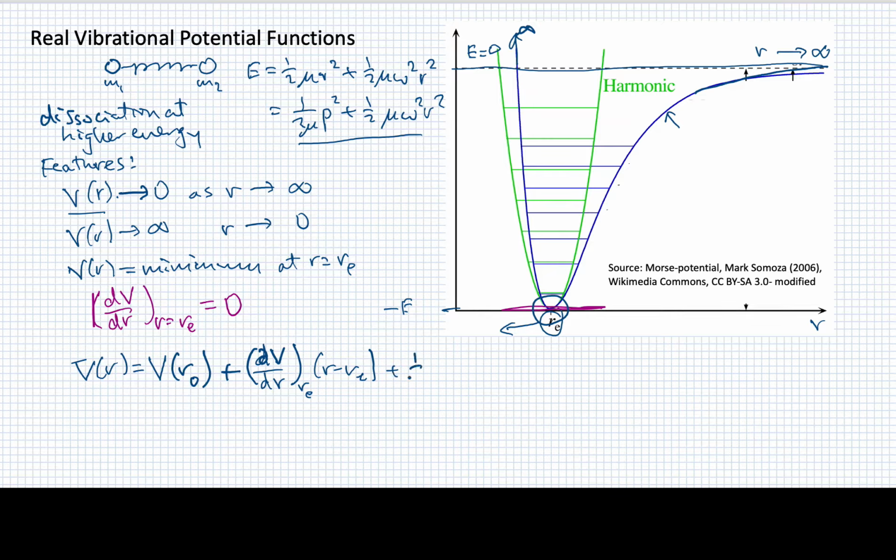The third term would be the second derivative of the potential at that point times r minus re squared, and so forth. And if I want to do the next higher term, it'd be 1/6 of the third derivative of the potential.